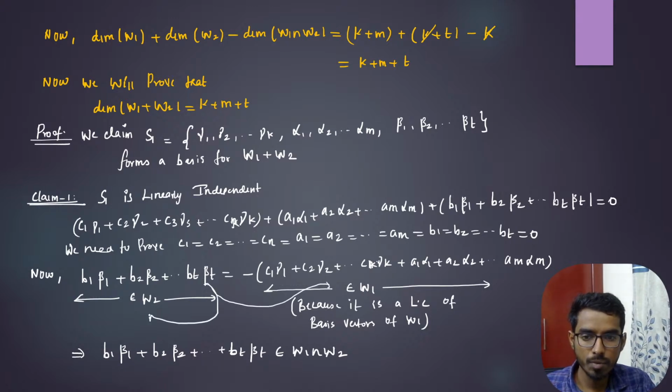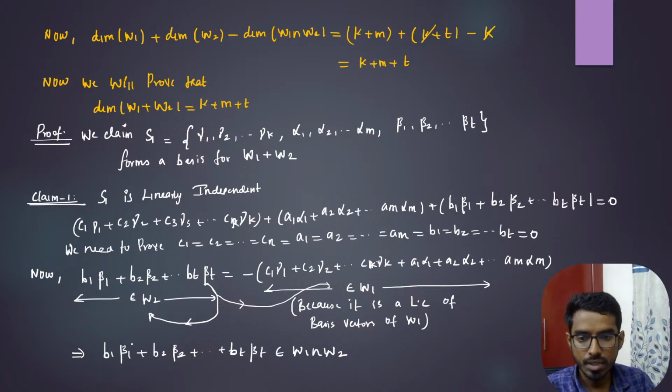This belongs to W2 as usual. That means this vector belongs to W1 intersection W2, yes or no? So b1 beta 1, b2 beta 2 up to bt beta t belongs to W2, as well as this is equal to this and this vector belongs to W1. That means this vector belongs to W1. That means b1 beta 1, b2 beta 2 up to bt beta t belongs to W1 intersection W2, right?